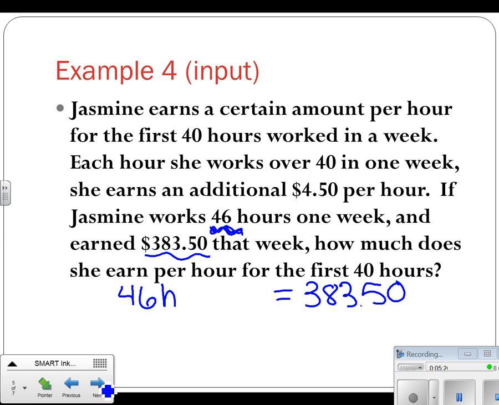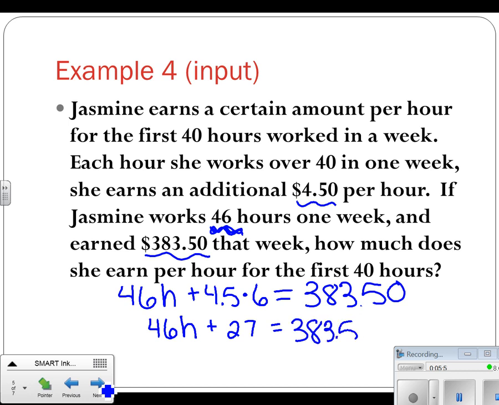But she gets an additional $4.50 per hour of extra time she works. So we're going to multiply this by 6 because she worked an additional 6 hours, so 6 times $4.50. That gives you $27. So 46 hours times her hourly rate, plus that extra $27 gives you her total paycheck.